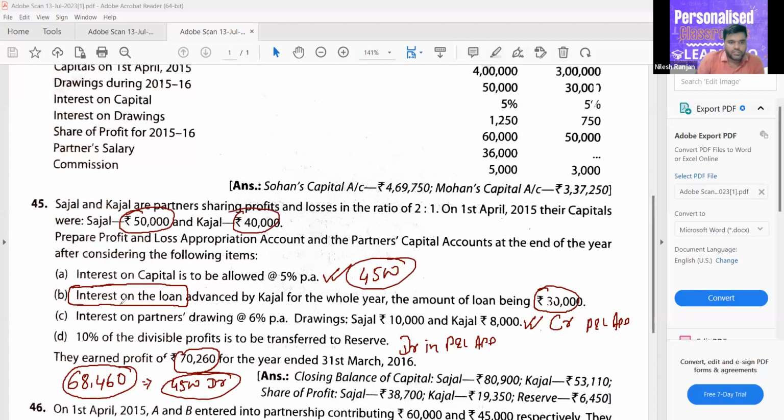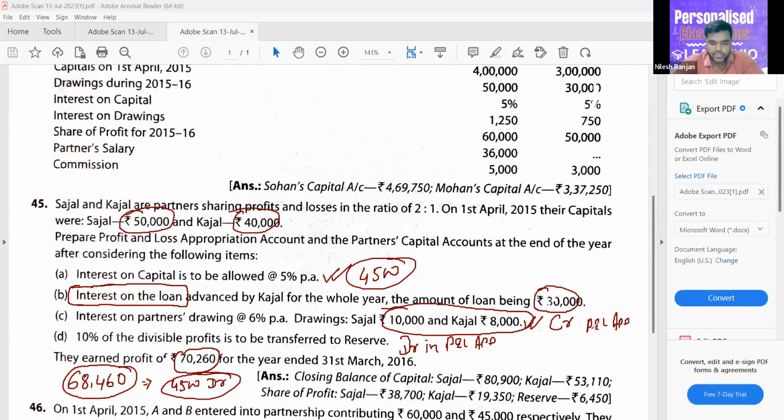Okay, sir. After that, interest on partners' drawing 6% per annum, drawing Sajal 10,000, Kajal 8,000. You have to calculate interest on this amount also, and you have to write this amount on the credit side of the profit and loss appropriation account. Okay, sir.